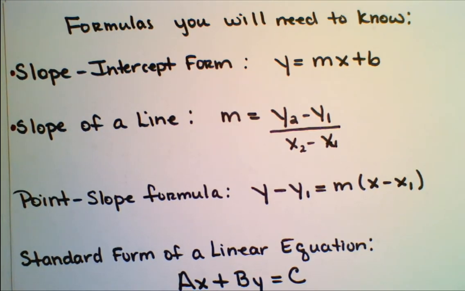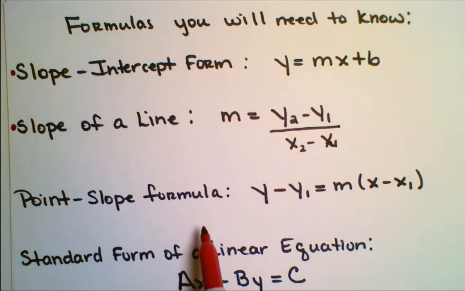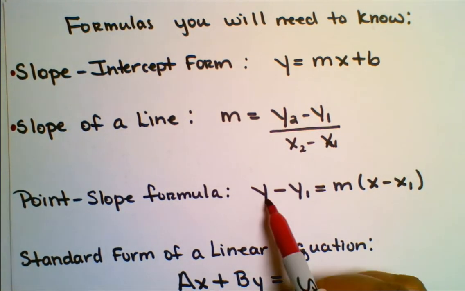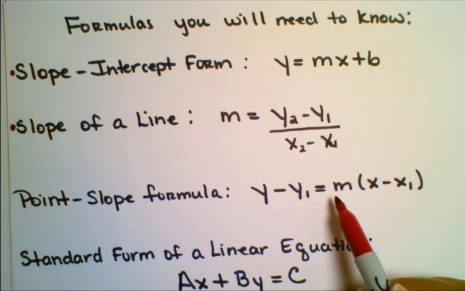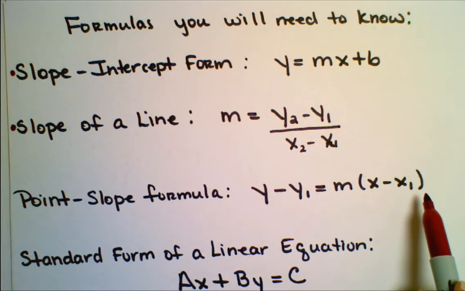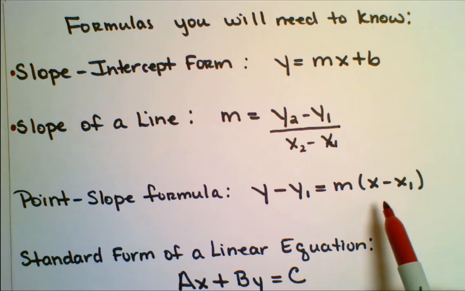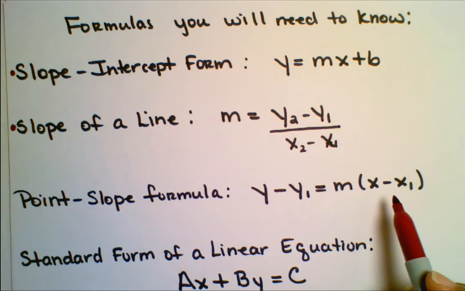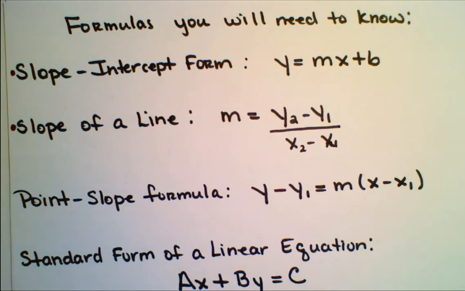Now, what may be new to you is this point slope formula, which is y minus y sub 1 is equal to m times x minus x sub 1. And we're going to talk about how to use this point slope formula in this section here. In this particular section, equation of lines, you are going to create equations given some information about a graph.